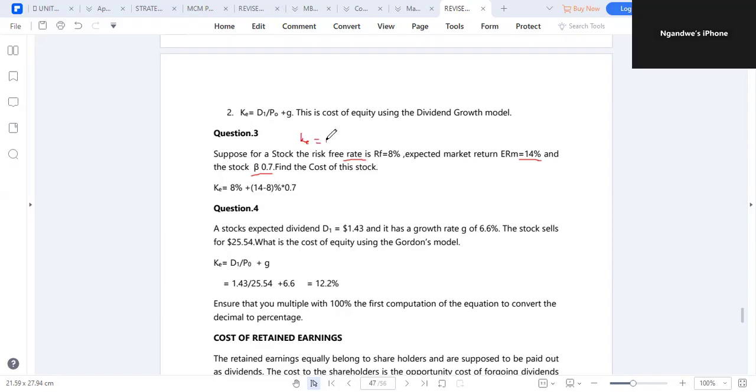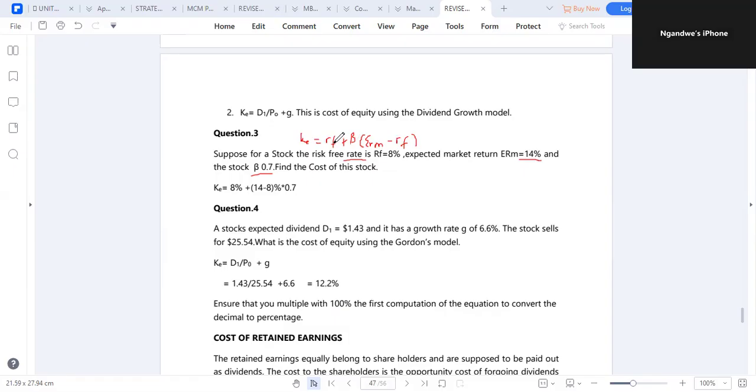Risk-free rate plus beta, then expected market return minus risk-free. So now this collectively is called the risk premium. Sometimes if you're not given the expected market return, they'll just say we're given the risk premium, you put it in here.